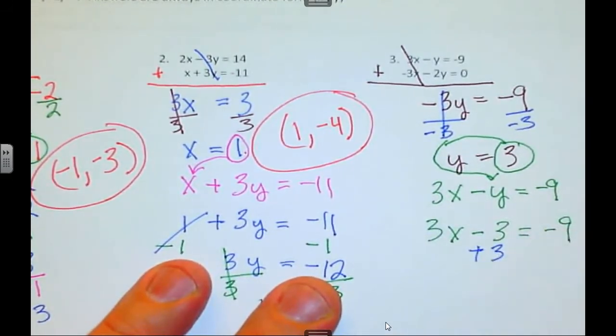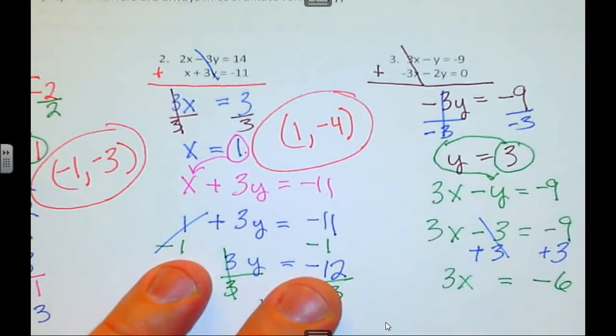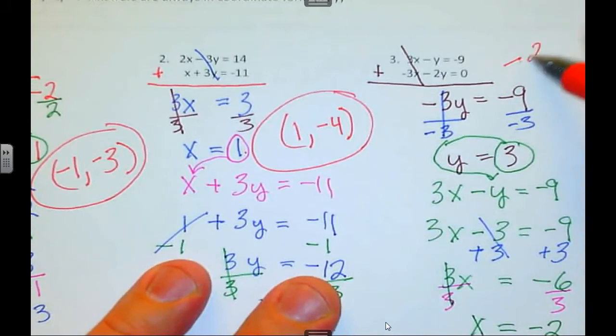Add 3 to both sides. I get 3x equals negative 9 plus 3, which is negative 6. Divide by the coefficient 3. So x is going to equal negative 2. So my solution, negative 2, comma 3.